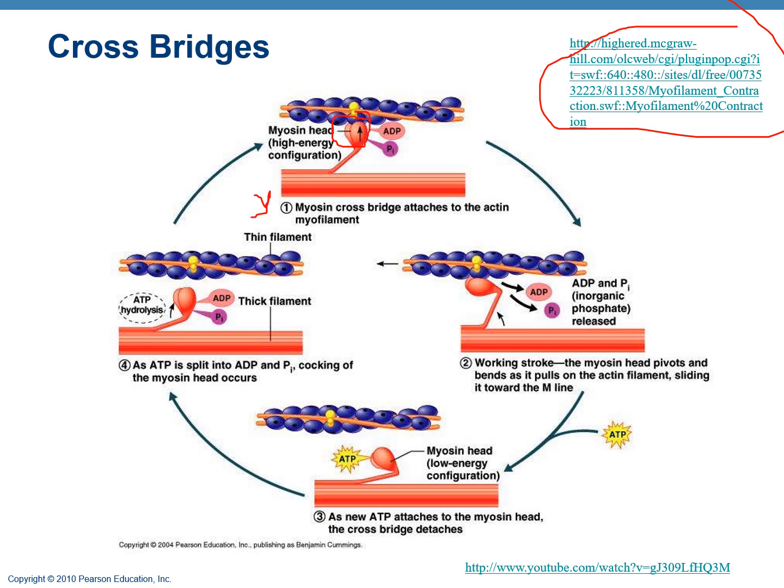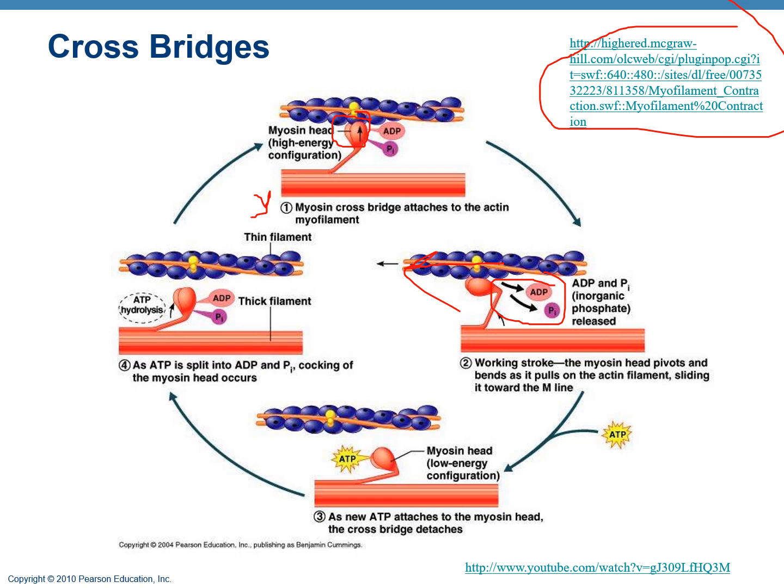Okay, 2, and this is key, remember the myosin head also has an enzyme site for ATPase enzymes. So the working stroke or the power stroke happens because the myosin head pivots and bends after the ATP is hydrolyzed, because now it's energized, sliding the filament one more notch towards that middle M line, towards the middle of the sarcomere.